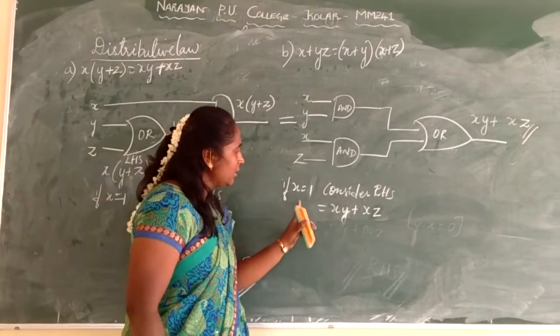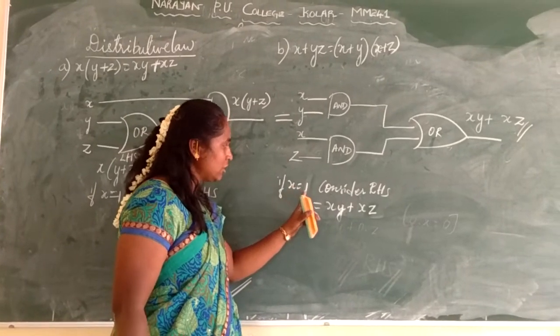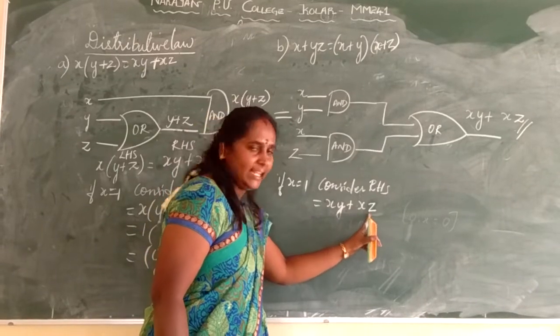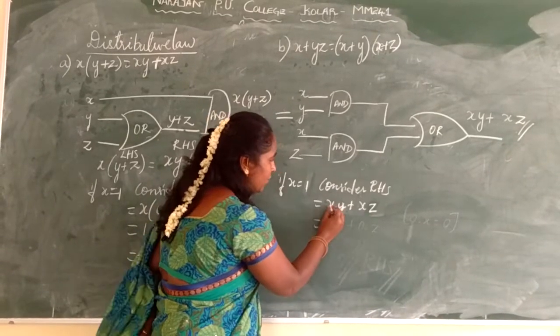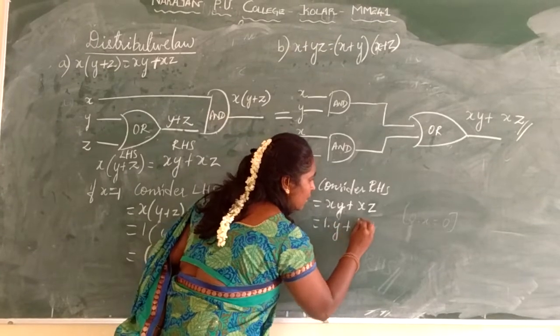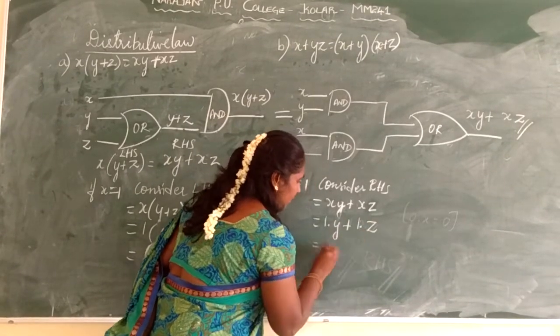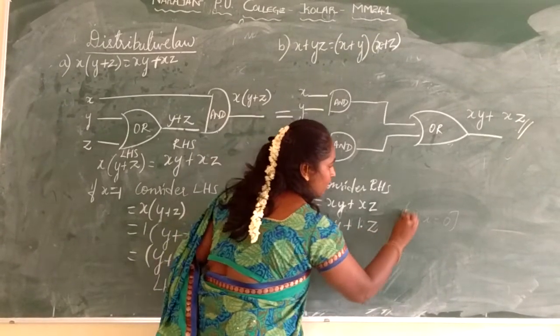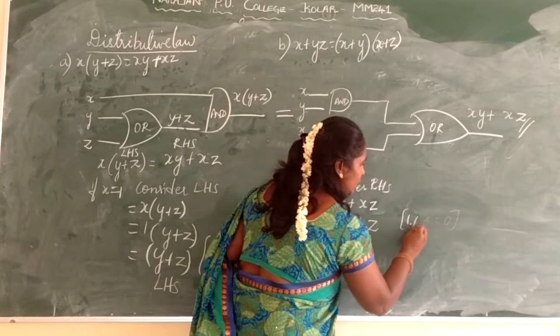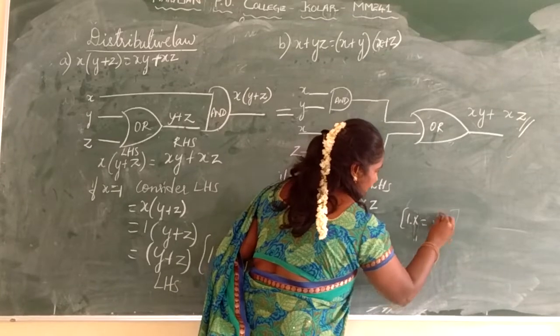Now, substitute the value x is equal to 1 and consider your RHS, xy plus xz. In place of x, you are going to substitute the value 1: 1 into y plus 1 into z. Let me use the property: 1 into x is nothing but x.